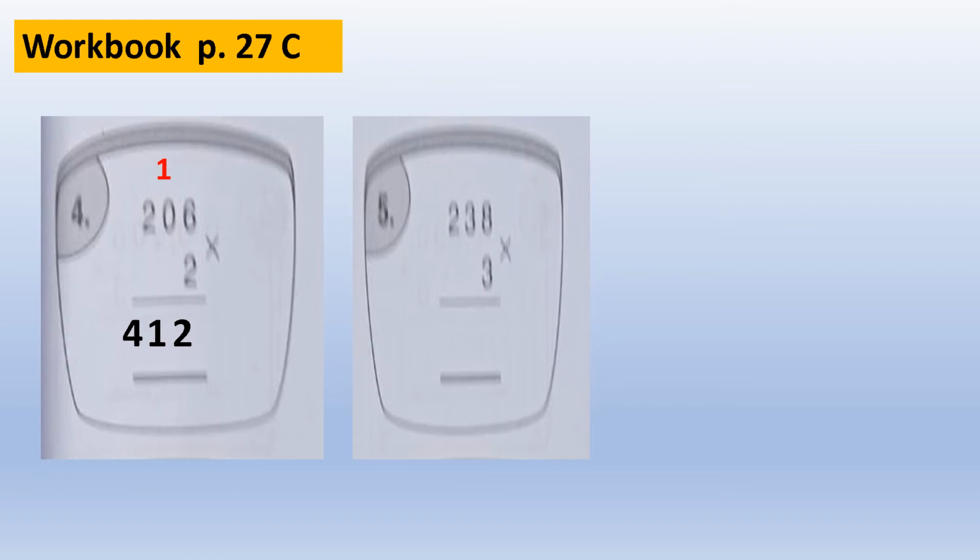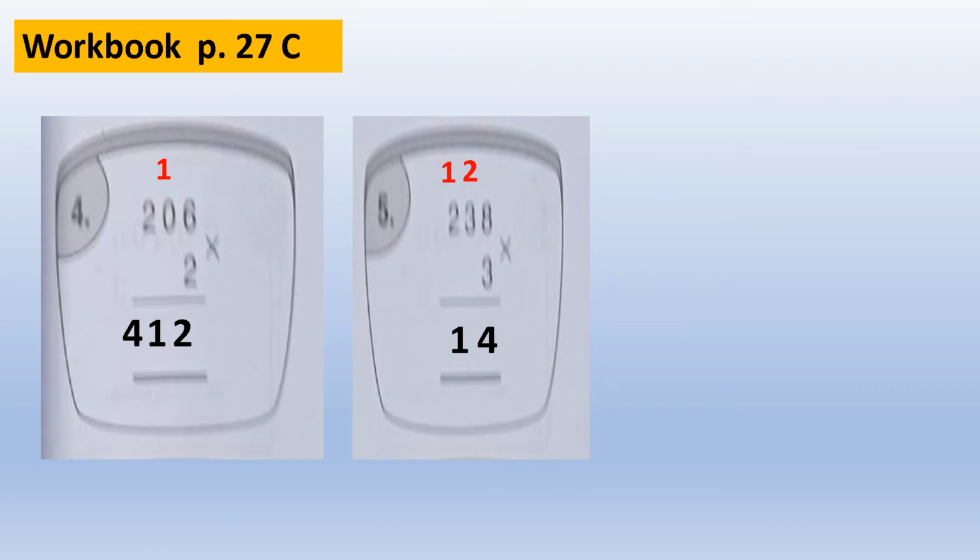Number 5. Okay, so multiply from the ones first. So 8 times 3 is 24. But you write only 4 and then carry over 2 to the next place. And then 3 times 3 is 9 plus 2 is 11. Carry over 1 and then multiply 2 and 3.